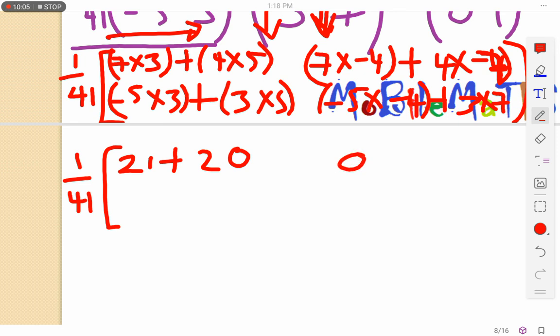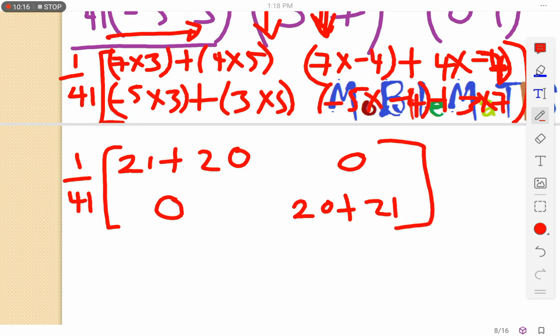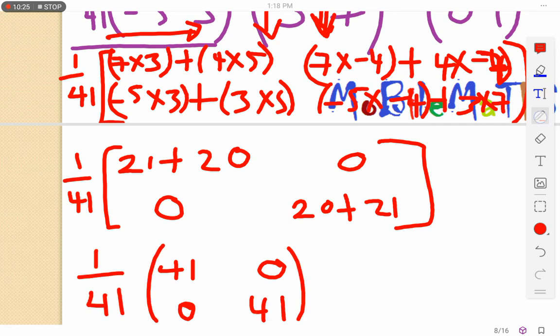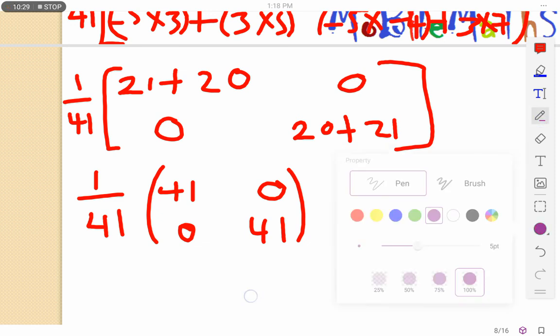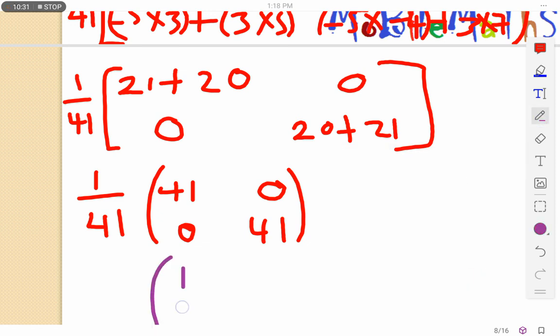Then on the bottom, -5 times 3 plus 3 times 5, I'll get 0. On this one, I'll get 20 plus 21. Okay, so simplifying, I'll get 41, 0, 0, 41. That's the matrix that I have with a scalar of 41. And if we introduce our scalar, multiplying our scalar, we'll get an identity of 1, 0, 0, 1. So that's how we prove. Otherwise, let's do the next question.